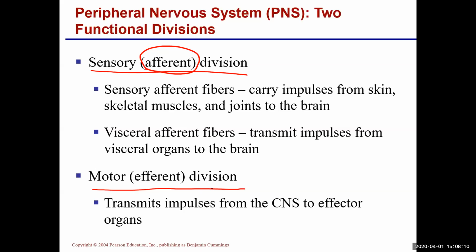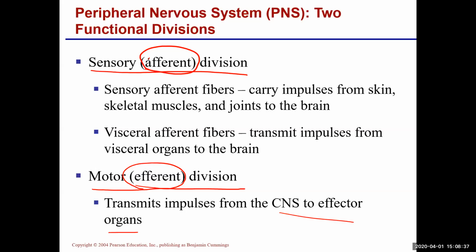The motor neurons that we discussed come from the CNS to the effector organs, as is explained right over here, right? But efferent is another classification, just saying that information gets out. So sometimes instead of sensory division, we call it afferent division.